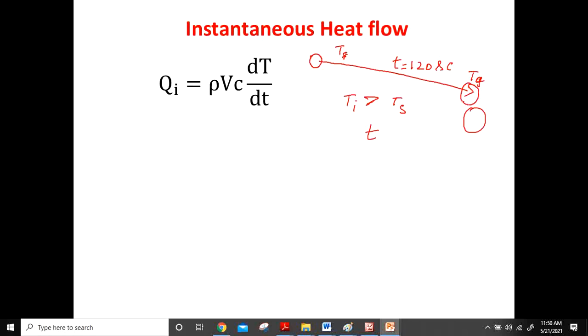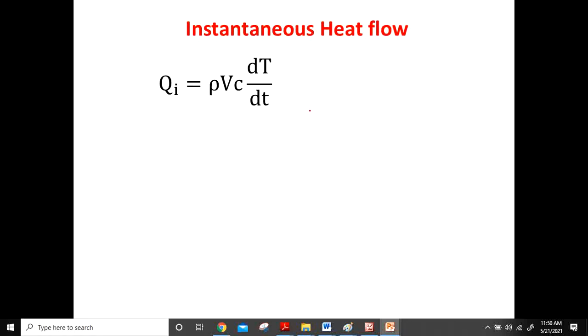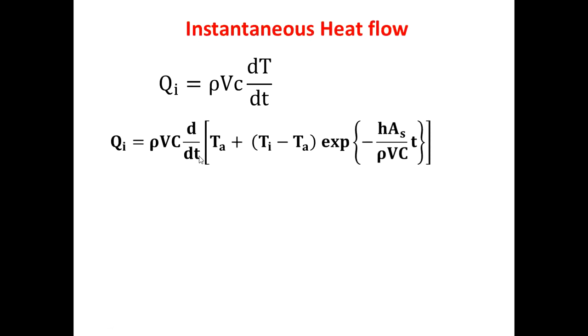After this time of 120 seconds, what amount of heat is transferred at that particular point is the instantaneous heat transfer. That instantaneous heat transfer can be obtained by differentiating with respect to time.